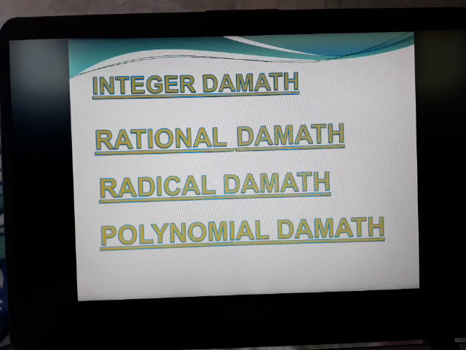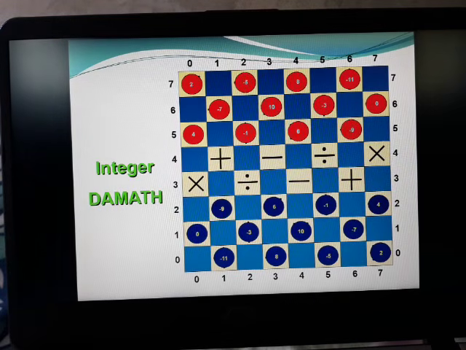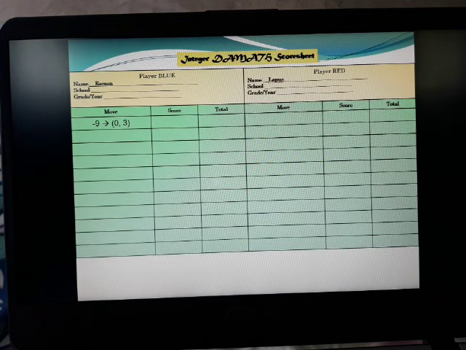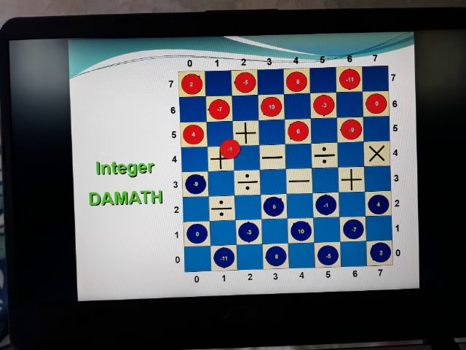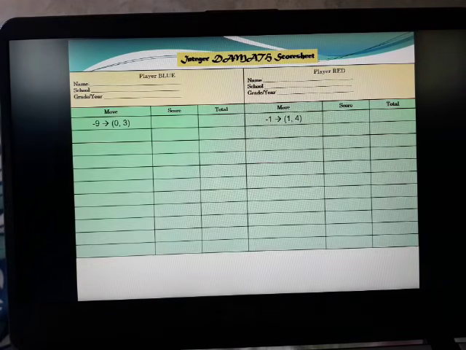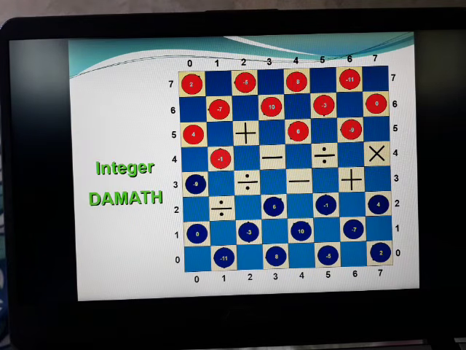So first one, the integer Dhamma. So how do we play? So -9 moves to 0, 3 here. Then for the red chip, -1 moves to 1, 4. Then -9 takes -1.